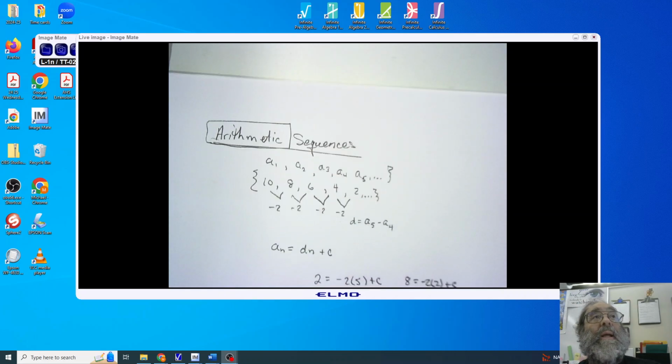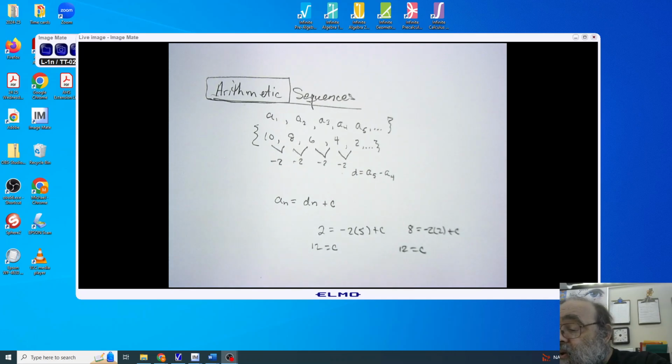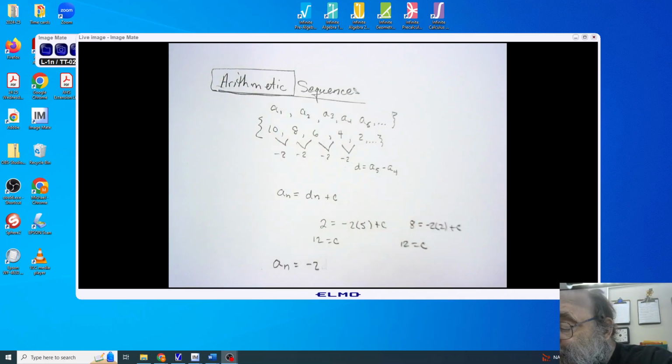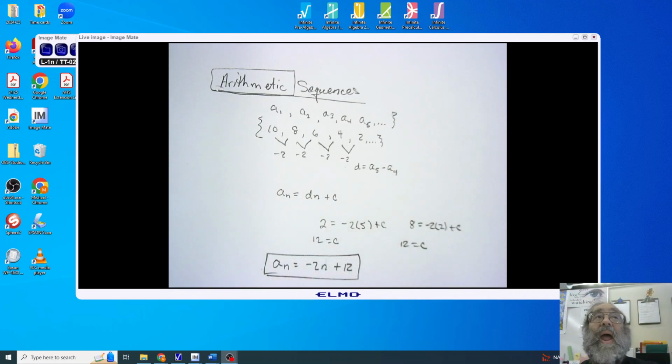So you notice it really doesn't matter which one you're going to use. Now once we have that, we now know that our a sub n is the common difference times n, and we add c. This is now what we call the arithmetic rule.